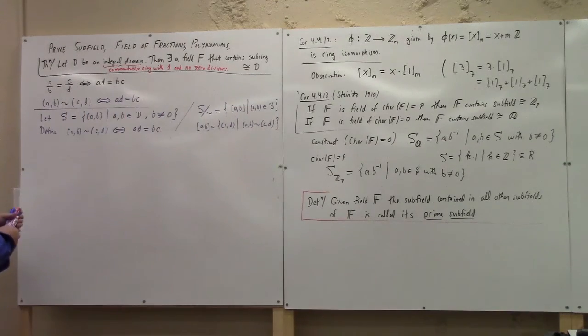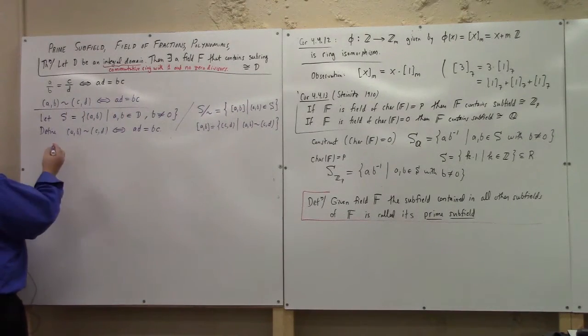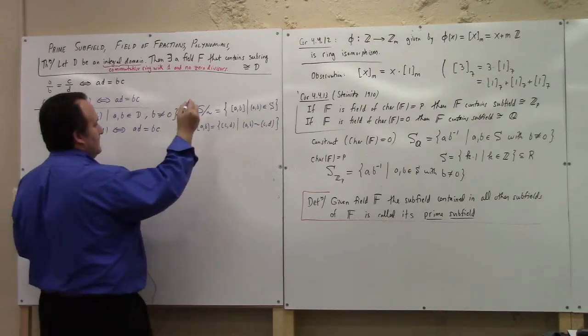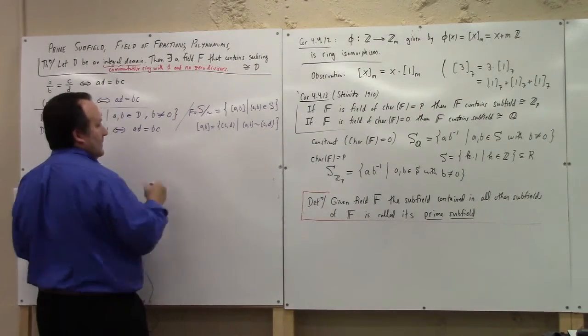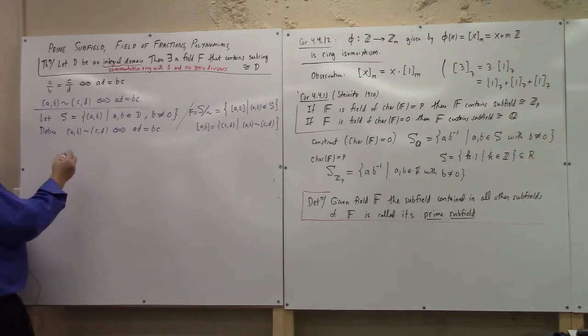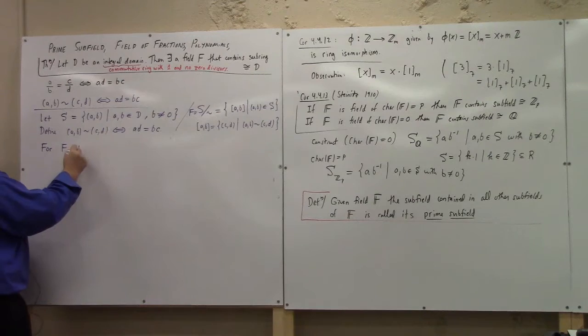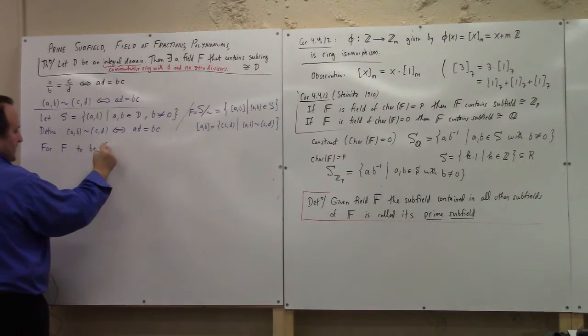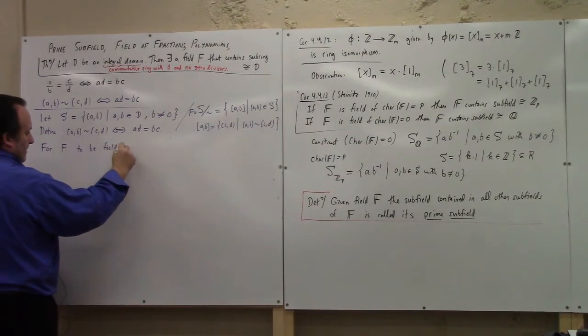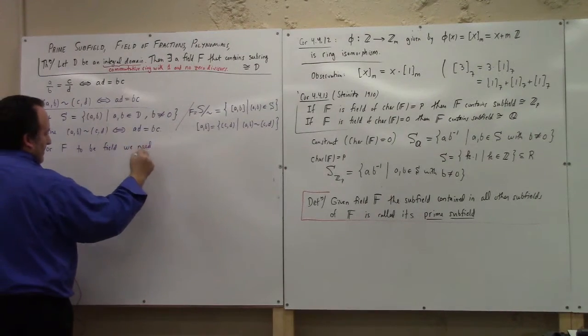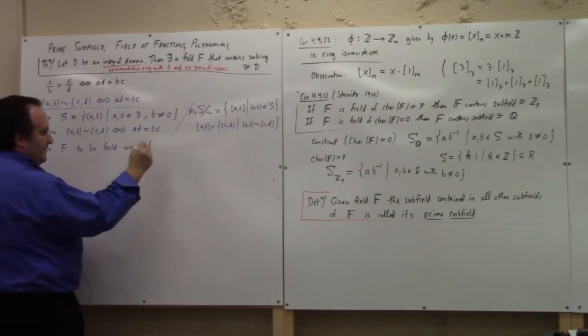Like, essentially, our goal is, let me call this thing F, all right? So for F to be a field, what do we need to define for it? We get it to be a ring, right?